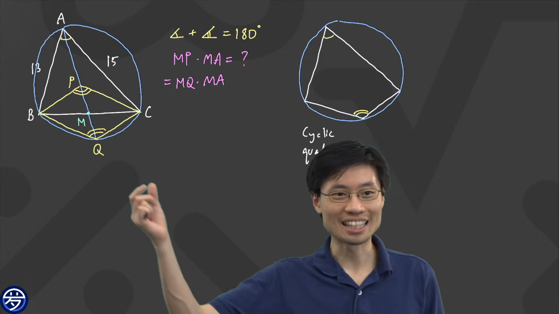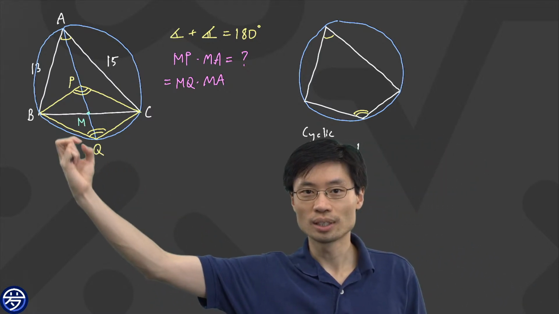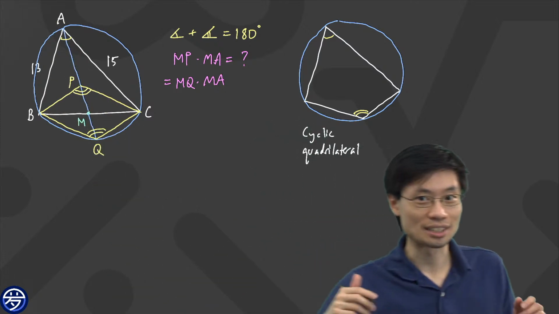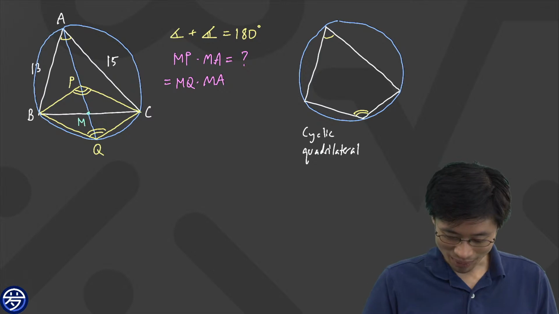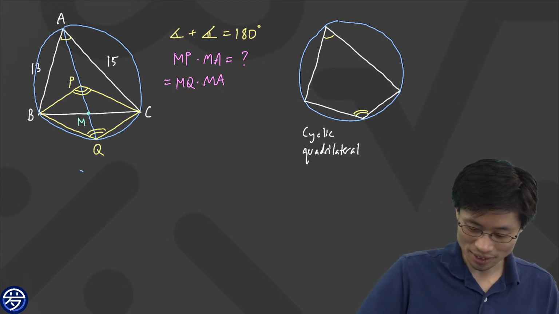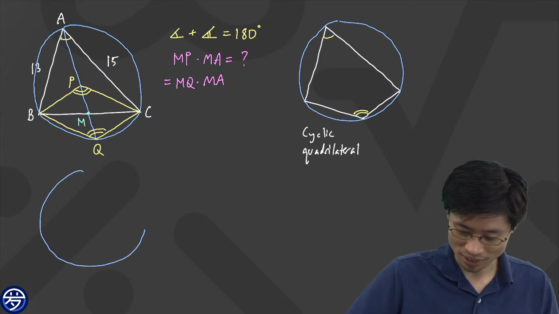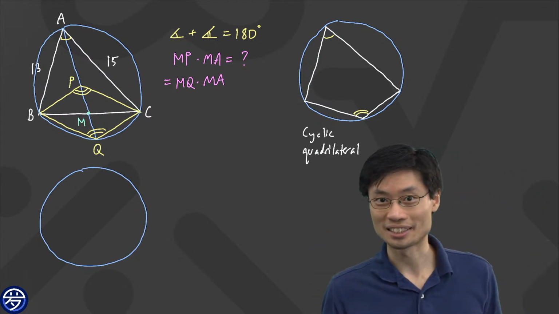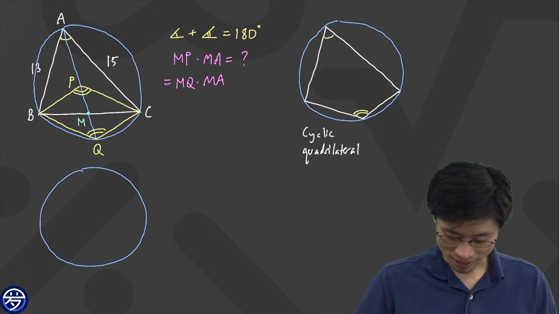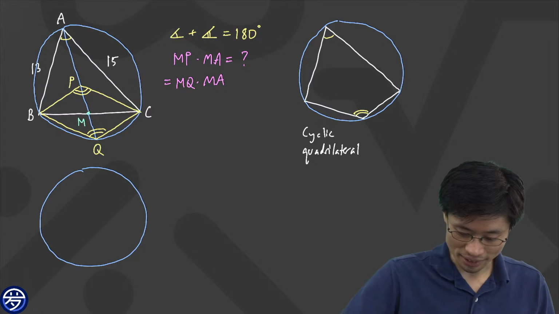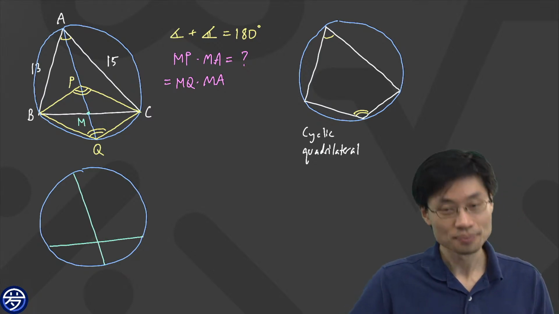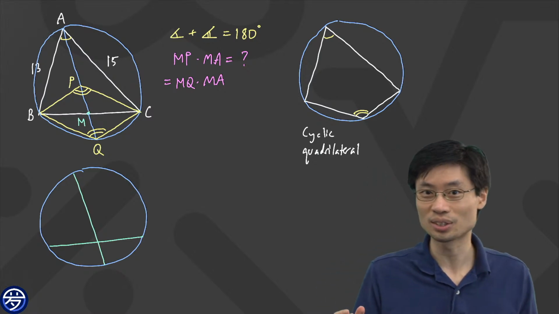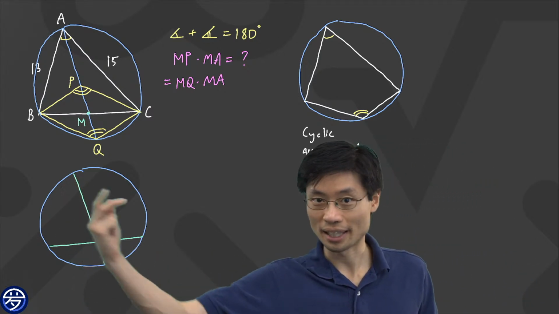Well, the reason that's good is because MQ times MA happens to satisfy another famous theorem about circles. Does anyone know what I'm talking about? If I have a circle, also known as a circular lump, and if I have two lines, one that goes through here and one that goes through there, there's a very important thing that you can do about multiplying lengths.